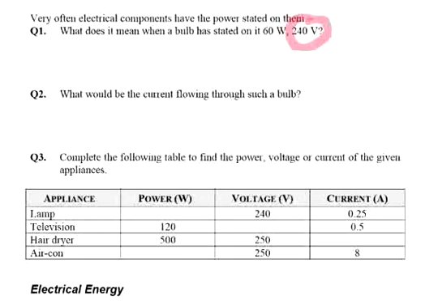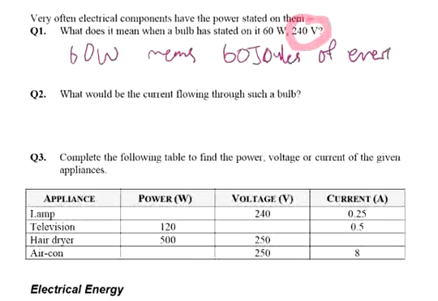Okay, let me change this one a bit. 60 watt means 60 joules of energy used in 1 second.